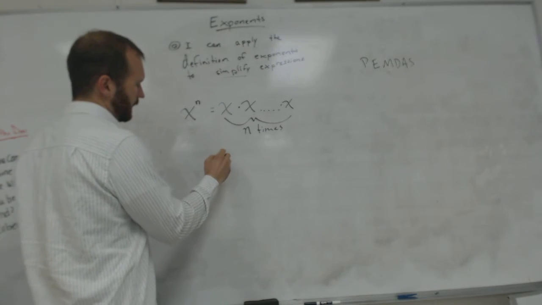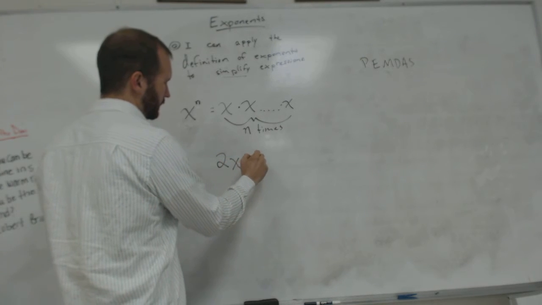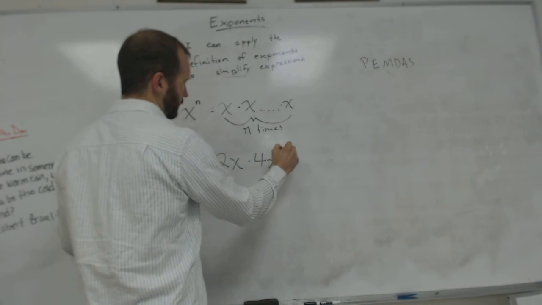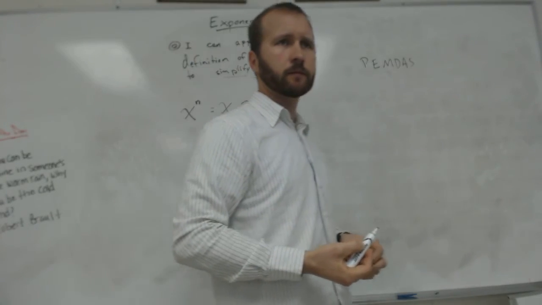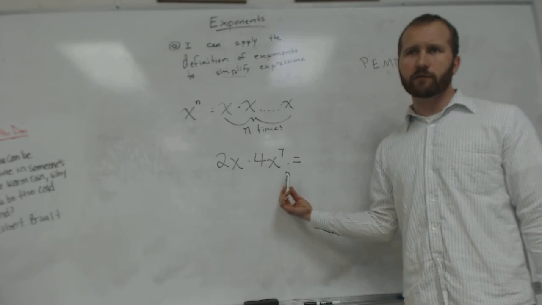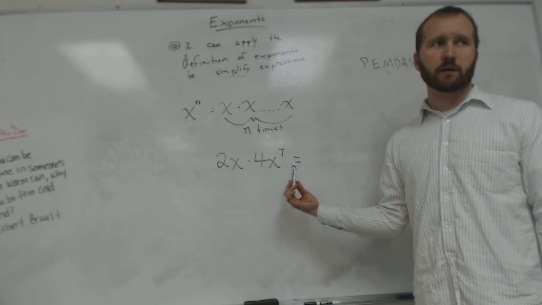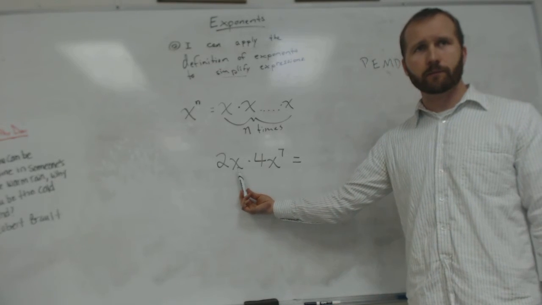Let's say I had 2x times 4x to the 7th. What would that be? So first I'm asking myself, are the coefficients part of the base? And they're not, because there are no parentheses around them.